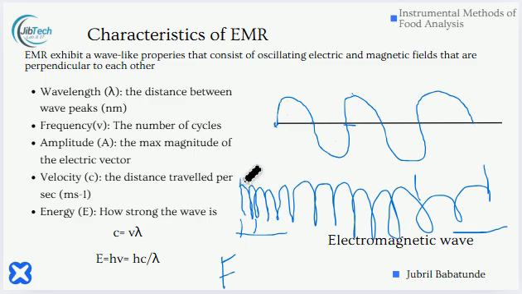The distance between this peak and this peak is low compared to the distance between this peak and this peak, which is high. So while the frequency is high here, the wavelength is low. That is why they are inversely proportional to each other. While the wavelength is high, the frequency is low in this case.